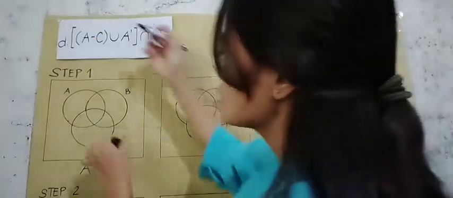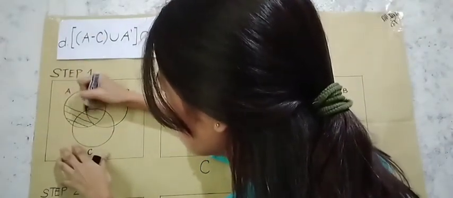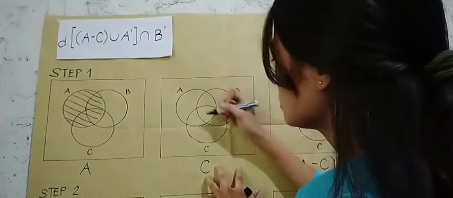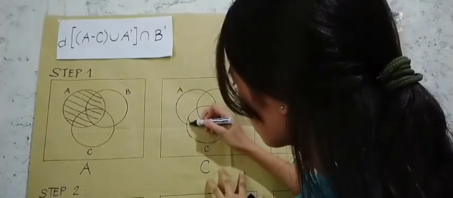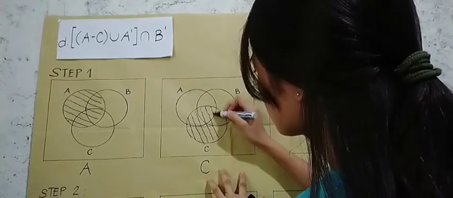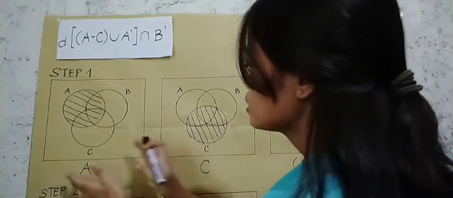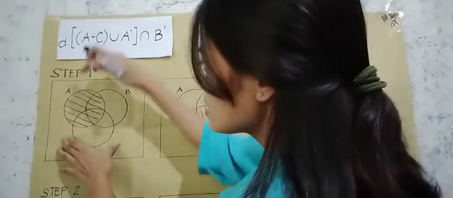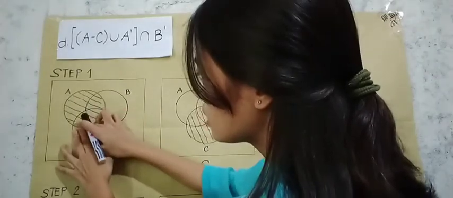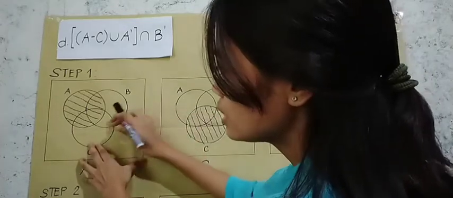So this is set A. And this is set C. So we can now subtract set C from set A. But as you can see, this part of set A here is already in set C, so we will exclude it in shading.